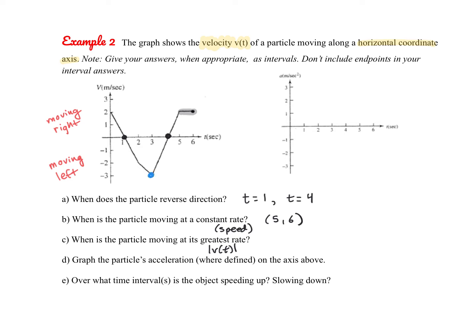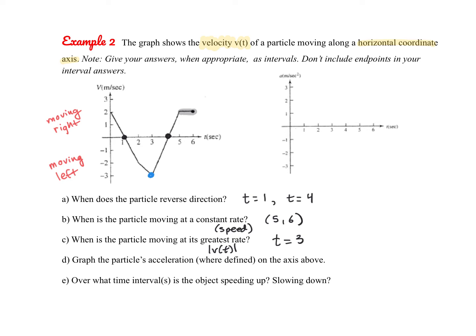I see that at this value, this is the farthest point from our x-axis. Here, this looks like it's about maybe 2.5. This looks like it's closer to -3, or it's a little more negative than this is positive. So this will be when our greatest rate occurs, and since it's asking when, it's when t is equal to 3. Again, we're looking for the point in time when our function is the farthest away from our x-axis.